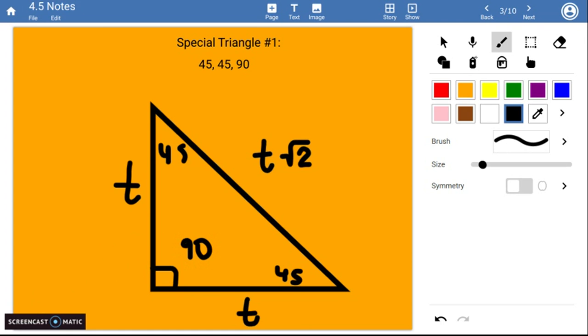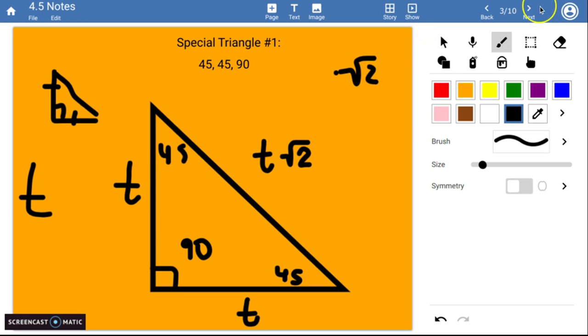The relationship of the sides is that the two sides that form the right angle are equal and can be represented by the letter T. And the hypotenuse is the legs times the square root of 2. If that doesn't make sense, it will once we get to the example on this next slide.